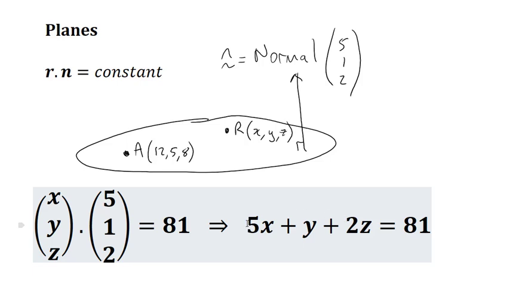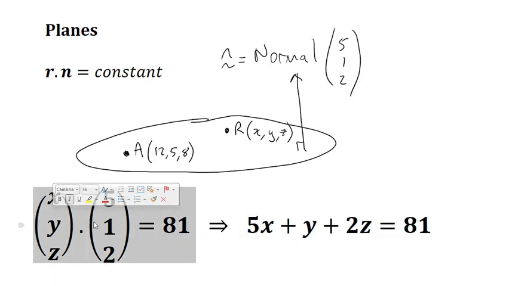So when you write a plane down, typically it's written down like this, because it's obviously much easier to write and just clearer and shorter than writing that. But these are completely interchangeable. The advantage of the vector way of doing it is it's very clear that this 5, 1, 2 is a vector. It's a really important vector. It is the normal to the plane.